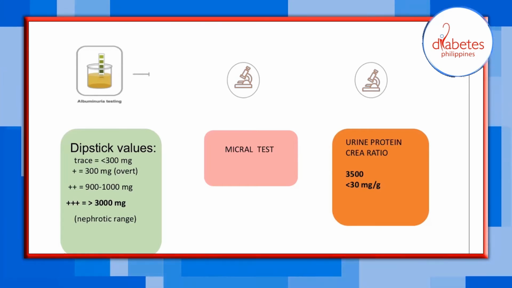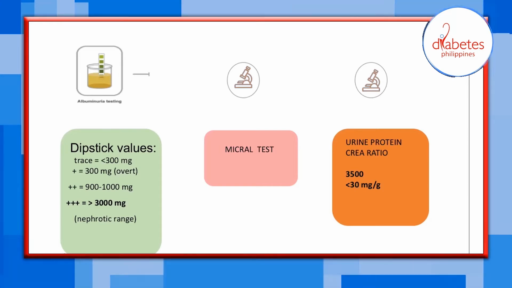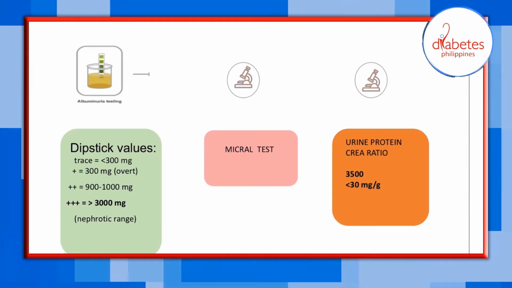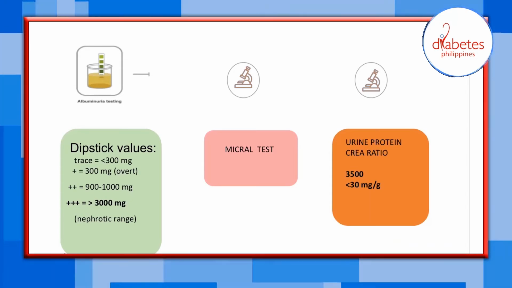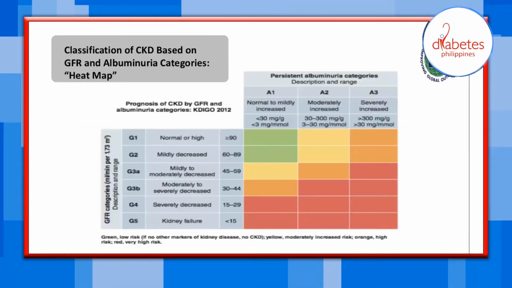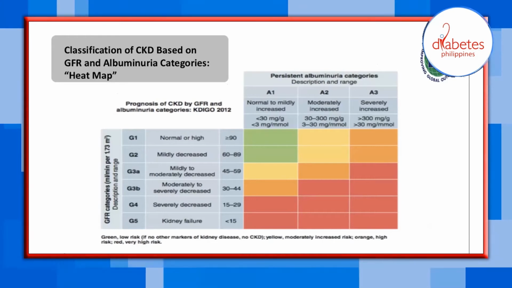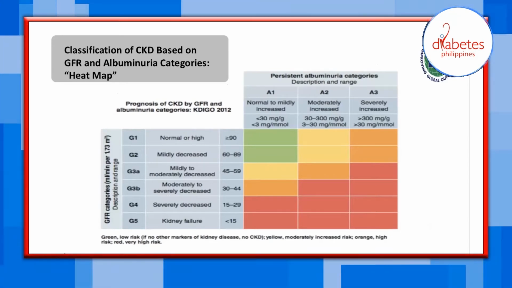A Micral test is an immunospecific dipstick for detection of low concentrations of albumin in urine. This test is intended to be used for screening in an ambulatory setting for those who don't have protein in the urine. So this is the classification of CKD based on GFR and albuminuria categories, or the heat map from your KDIGO guidelines.